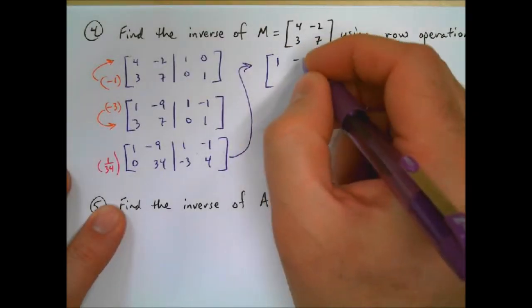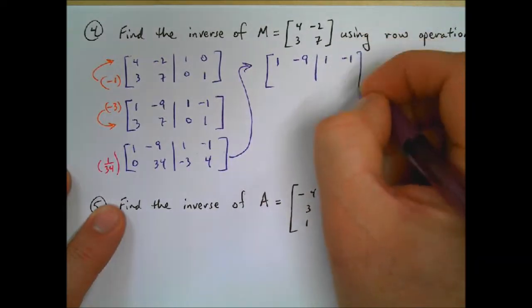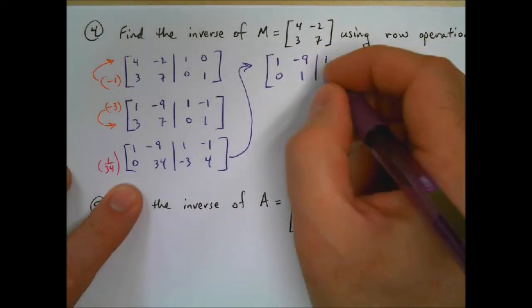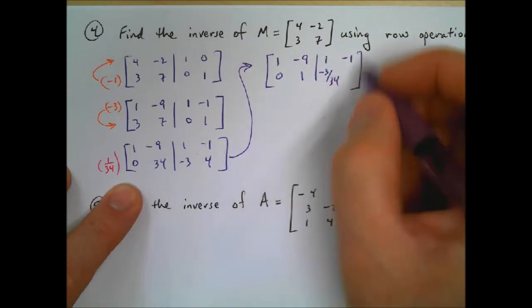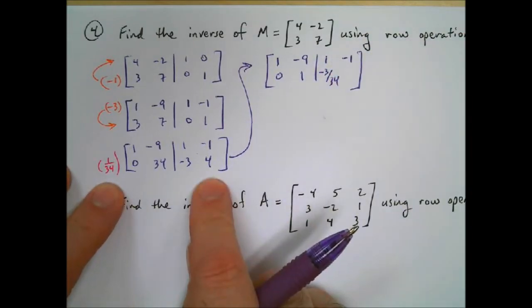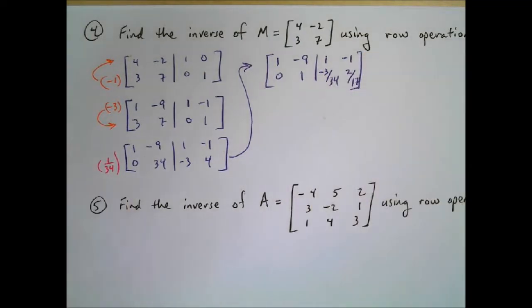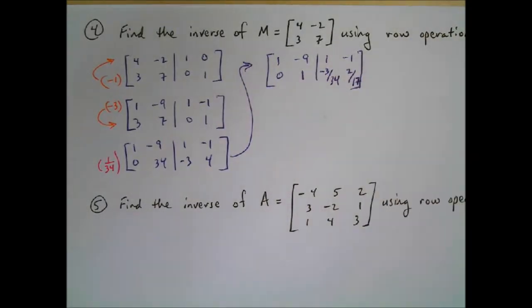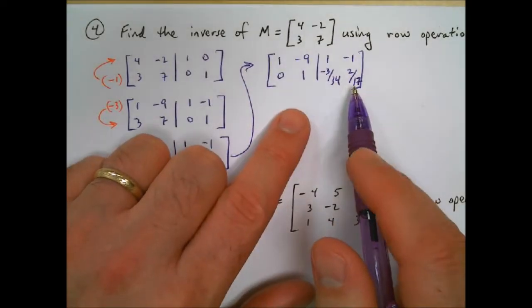So 1, -9, 1, -1. And the bottom row, we get 0, 1, -3/34, and +4/34. Yes, reduce. 4/34 is 2/17. Okay. So now that bottom row right there, that's the bottom row of the inverse matrix, by the way.